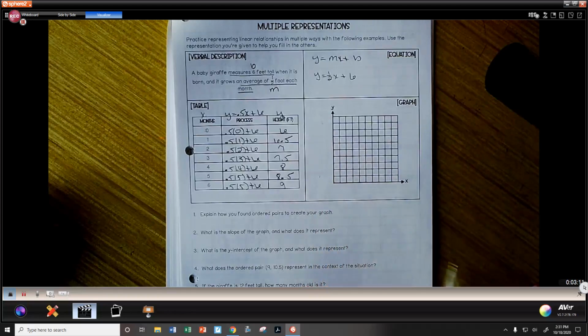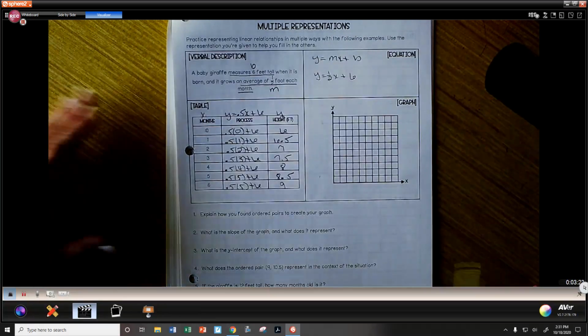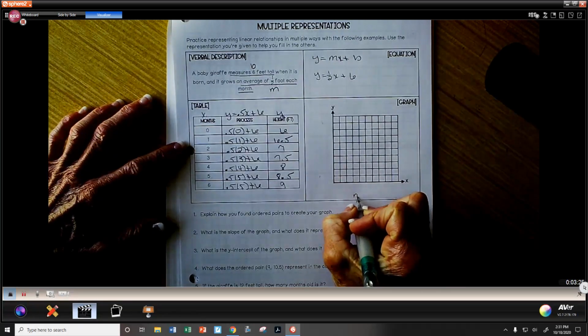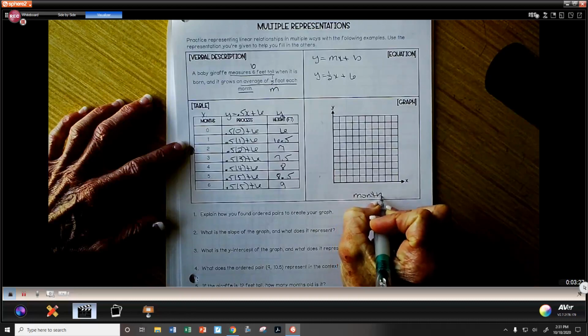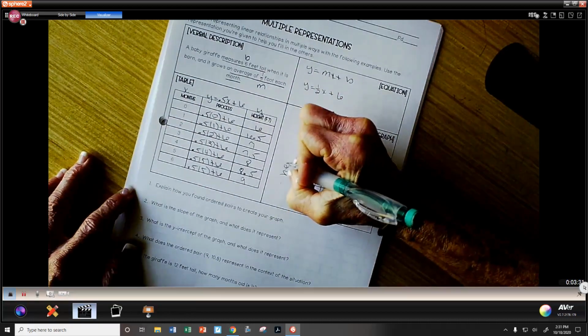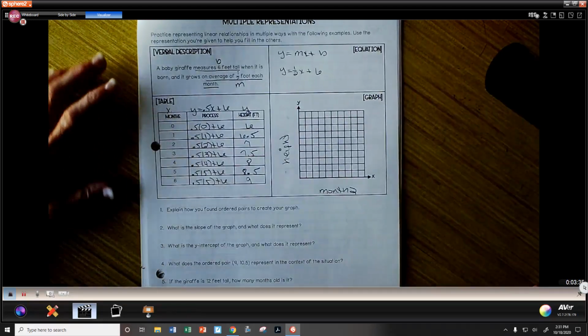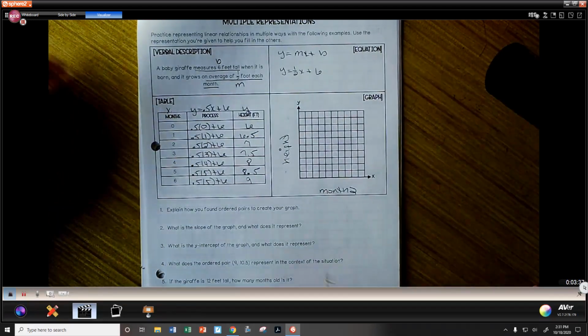Now I need to label my graph. You always have to label it, because if they didn't give you any information but the graph, and you didn't have labels on there, we'd have no idea what it means. So this is months, and this over here is height. All right, so now I have to put numbers on there.